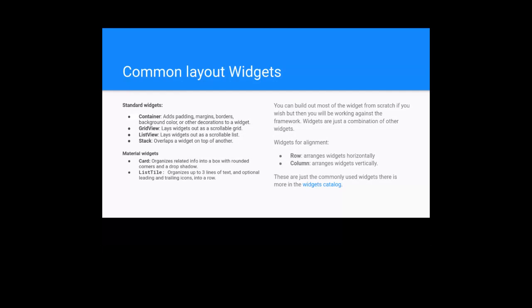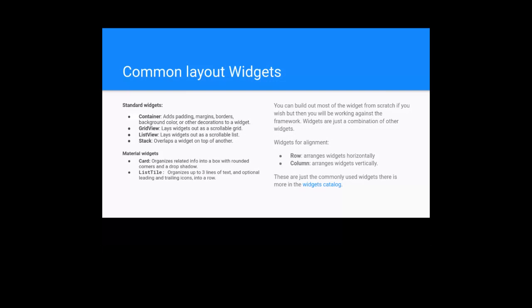For material widgets, you'll find there are already built-out widgets that you can use without having to manually build them for yourself. But if you want something more custom, you can combine different widgets to get the desired look that you want.